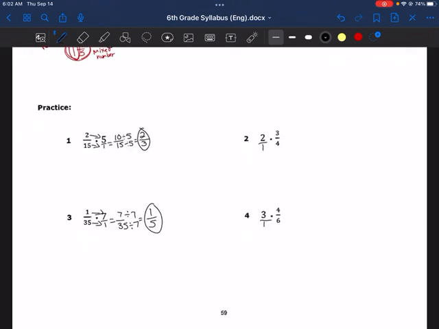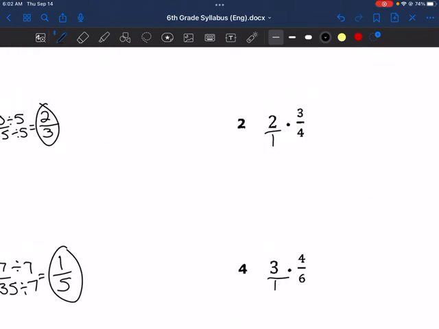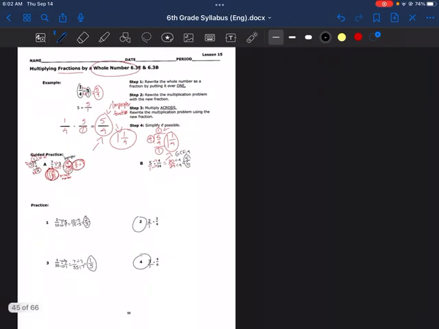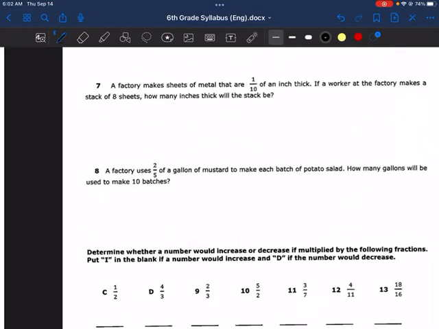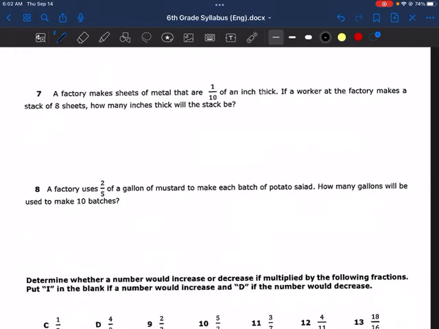Increase or decrease and multiply by the fraction. Ooh, I love this. I really like this. Okay. So the back page, chicos, you have a whole number and a fraction. So that means you're going to do the same thing you've been doing over here. Lo mismito.